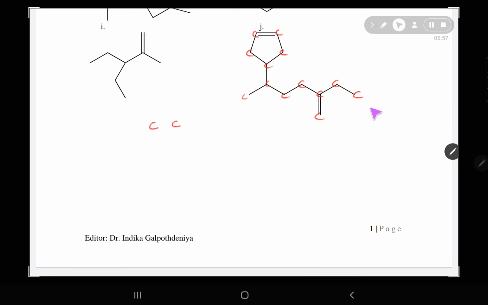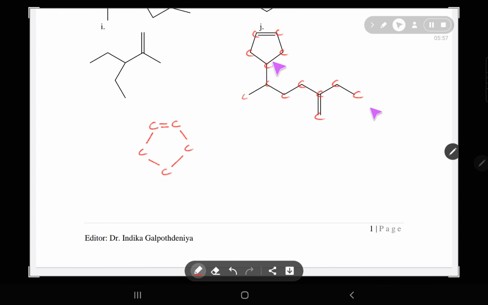Carbon, carbon, carbon, carbon, carbon. So this is your cyclopentene ring, and then this carbon is actually the carbon right here.